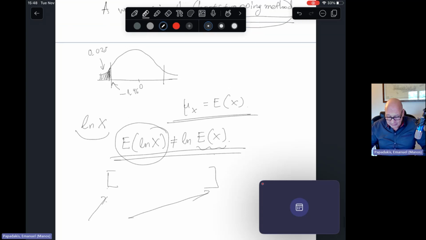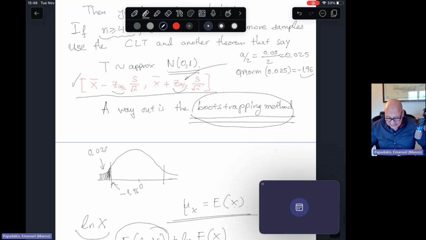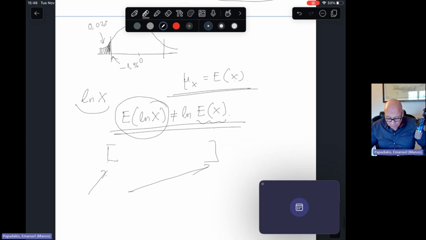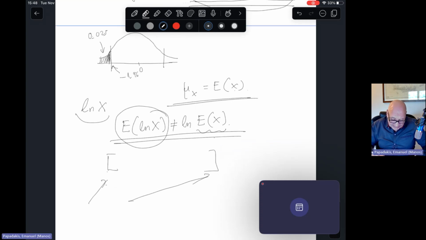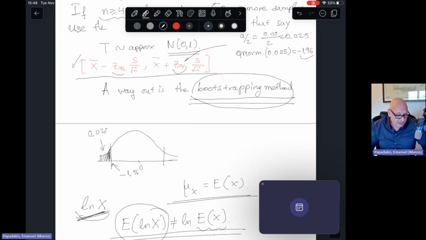So if you really want to work with the original random variable, you can work with the bootstrapping method. Of course, you can take a nonlinear transformation of the data and apply the previous techniques or even bootstrapping for this. But if you can apply bootstrapping, you just go with the original data and be done with it.